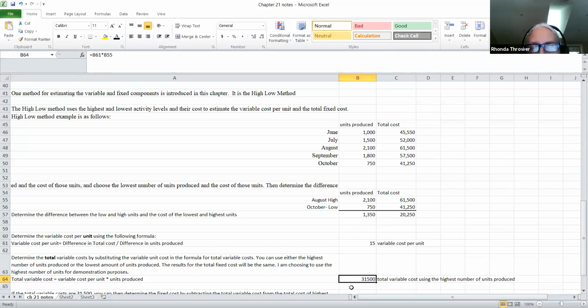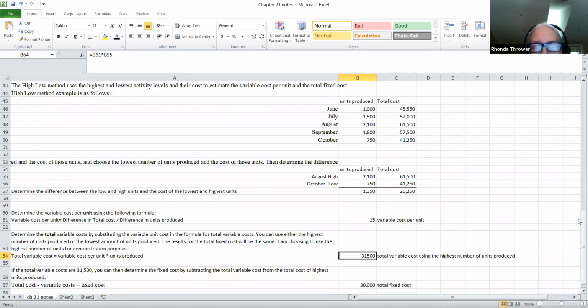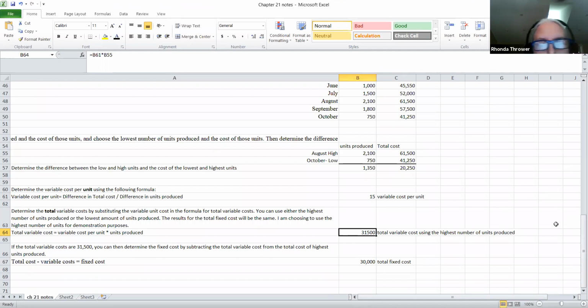If I know my total variable cost and my total cost to produce those units, I can find my fixed cost at the highest level of units produced. I subtract the total variable cost from my total cost, and that will give me my fixed cost.